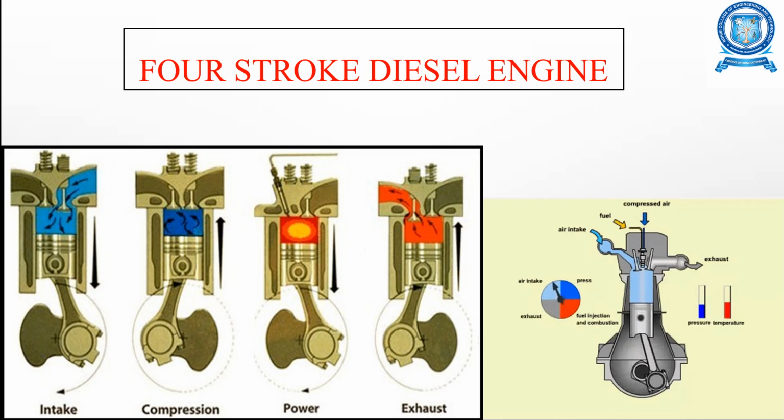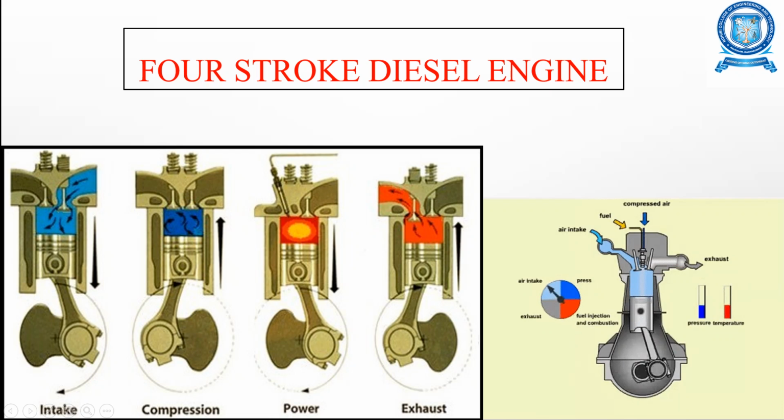Here in the four-stroke diesel engine, you can see there are four strokes, that is suction or intake, compression stroke, power stroke and exhaust stroke. And this is the animation of these four strokes. Here this is the intake, this is the compression, this is the power stroke, the red color, and this is the exhaust stroke.